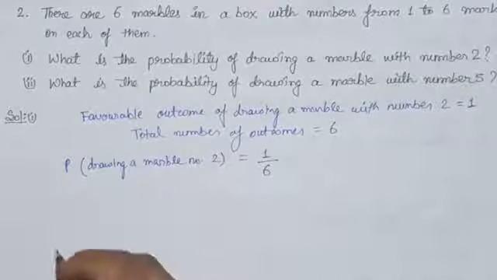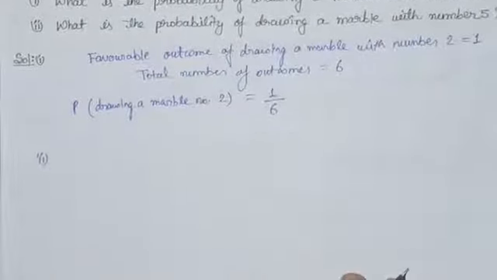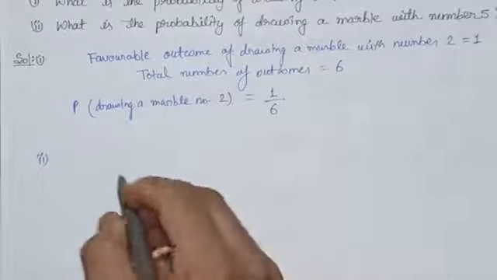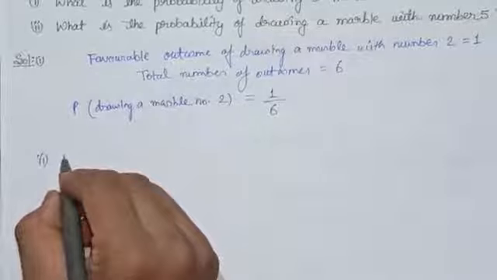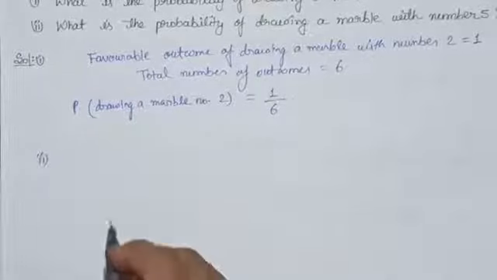In the same way, we can solve the second part. The probability of drawing a marble with number 5: the favorable outcome is also 1, because there is only one marble with number 5 marked on it in the box.